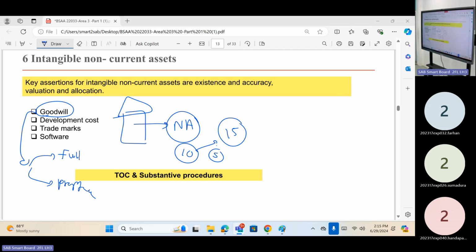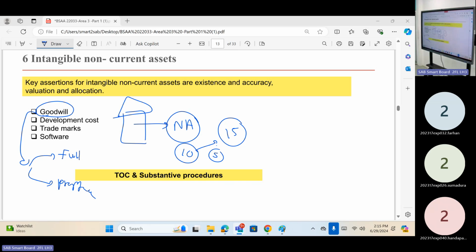Once you are doing consolidation, goodwill is a part of that. Consolidation is the accounting for the acquisition of a subsidiary. So at which point are you going to calculate goodwill?